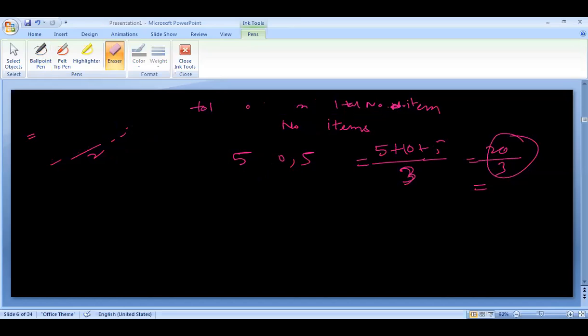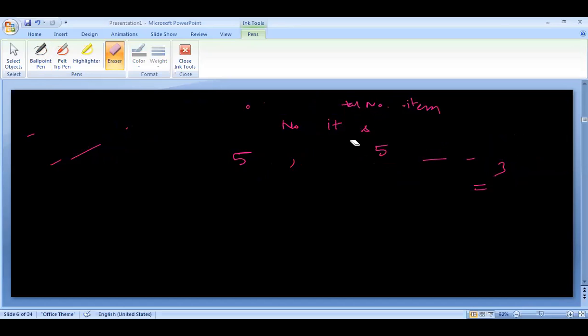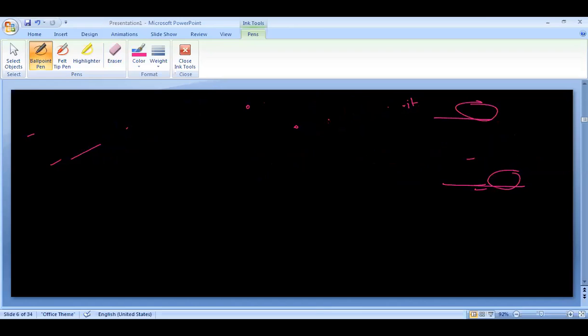Okay. Now see the question. You are asked to find the average speed during the 0.5 second. This is the car. When it strikes here, it takes 0.5 second. During this 0.5 second, what is the average speed?